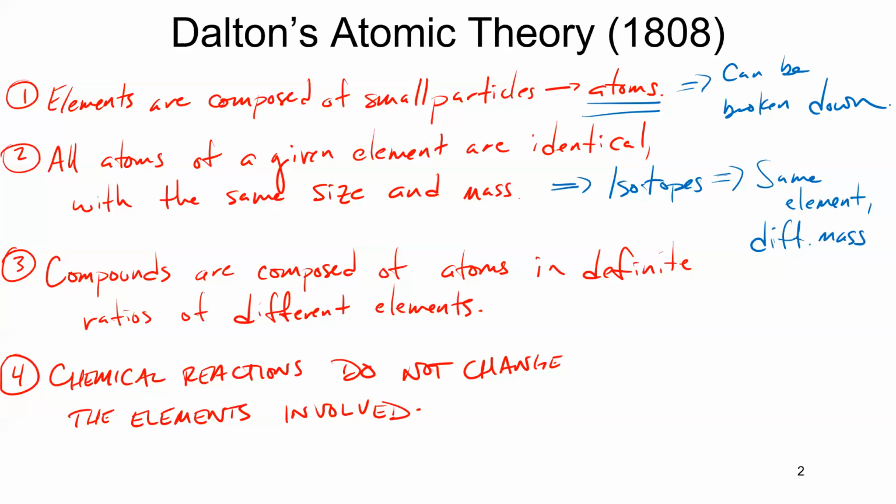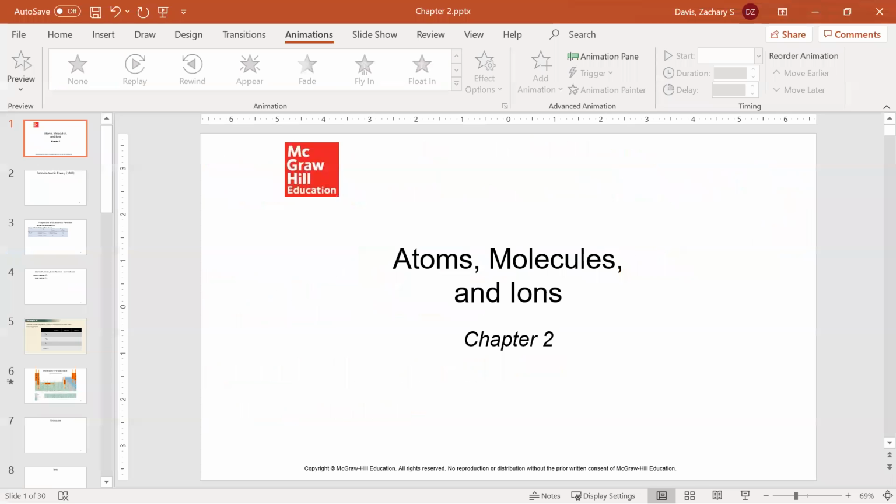And so, taking the full intent of his theory, he thought that atoms couldn't be broken down, but we know that they can be broken down into some subatomic particles. And we need to talk a little bit about what those subatomic particles are.